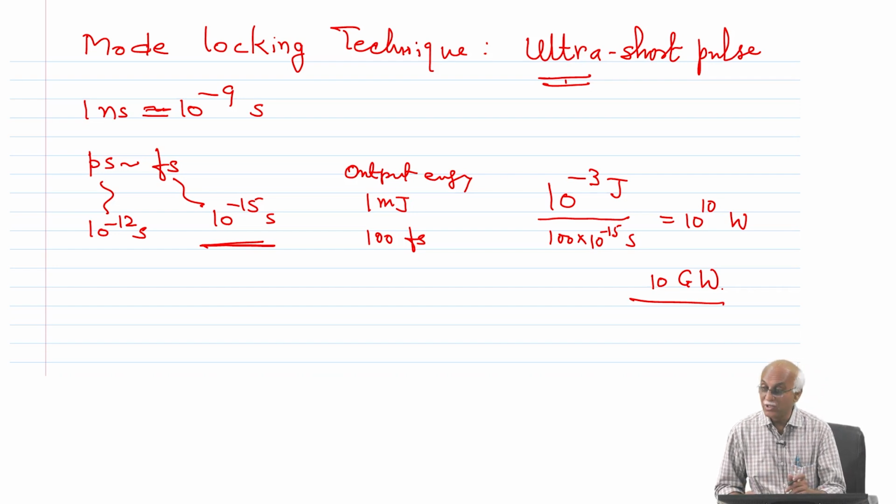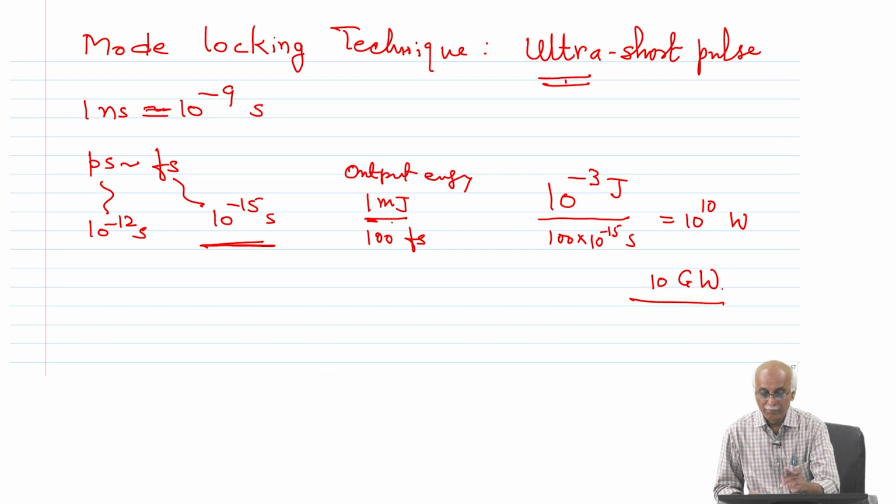So, you can imagine that if millijoule becomes joule, automatically you can imagine that it can go up to terawatt output in peak power, which is very large, okay, and within a short period of time you are delivering the energy.